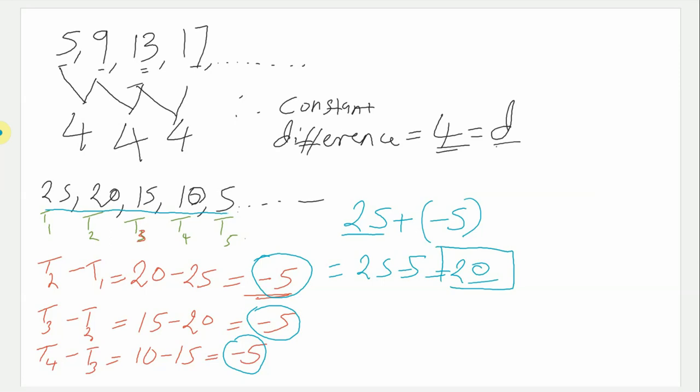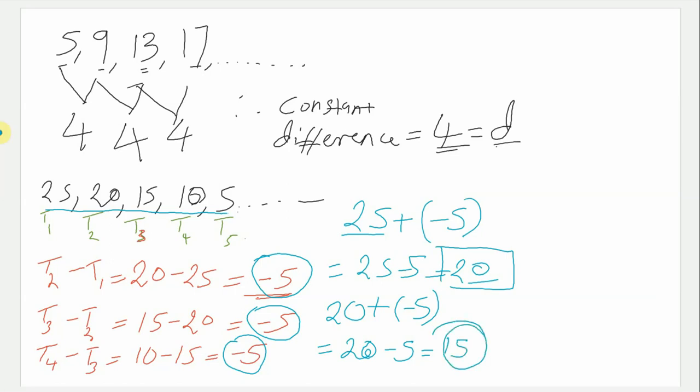Then you have 20, you add negative 5, which gives you 20 minus 5, and that will give you 15.